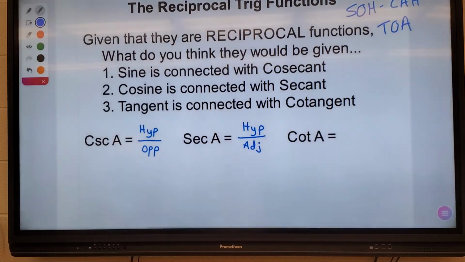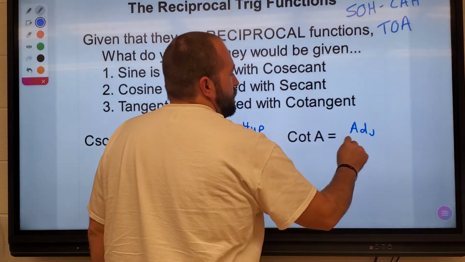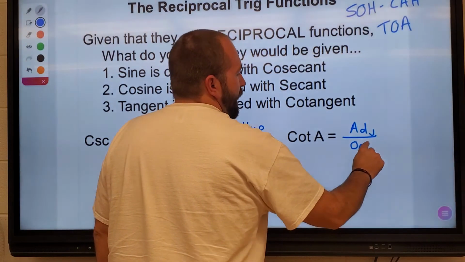And then cotangent is the reciprocal of tangent, and tangent is TOA, T-O-A. So tangent is the opposite over the adjacent. So the reciprocal of that would then be the adjacent divided by the opposite.